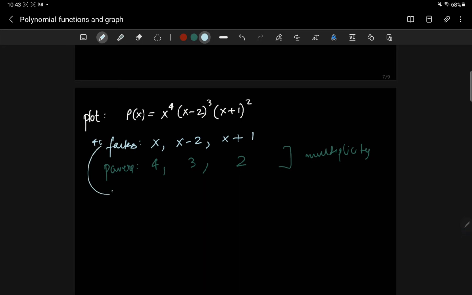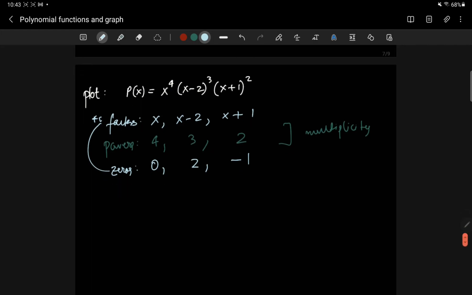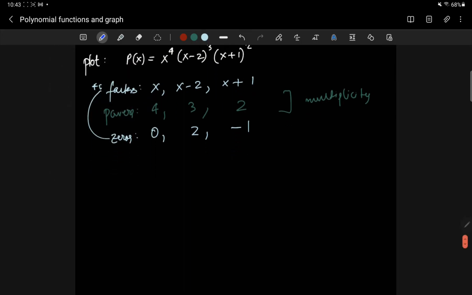These factors correspond to the zeros at 0, 2 and negative 1. And based on their exponent, we have their multiplicity, which means we can use that to plot this now. So we have 0, we have 2, we have negative 1, and their multiplicity is even, odd, and even.